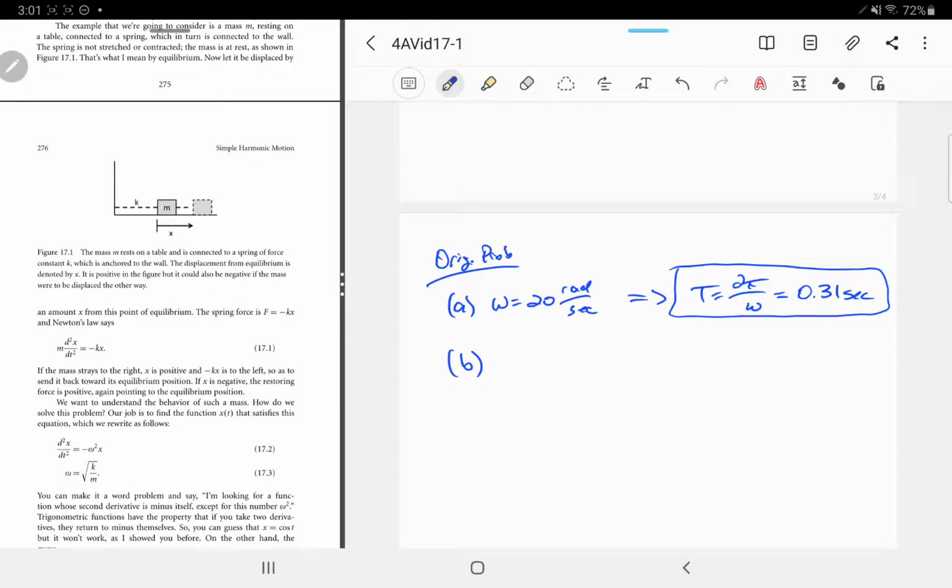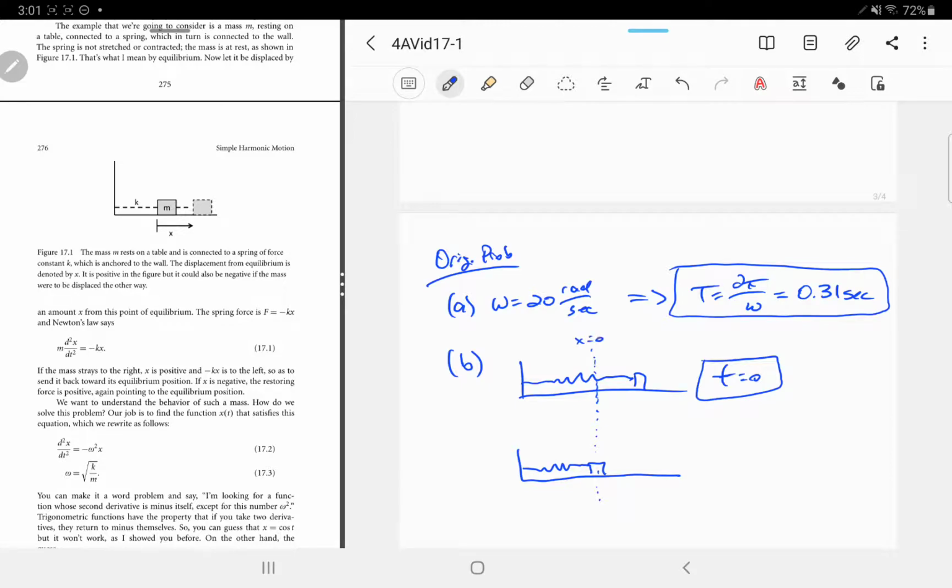B. How long does it take for the object to get from its initial position? So let me draw. Imagine the equilibrium position is right here. Imagine this is t equals 0 in this picture right here.